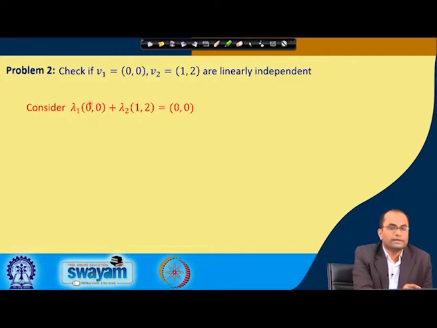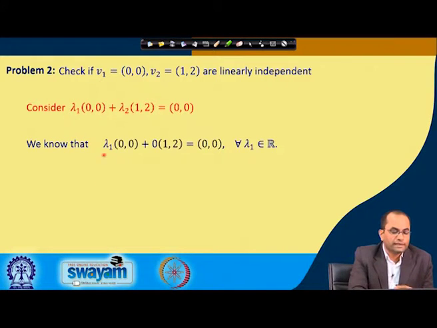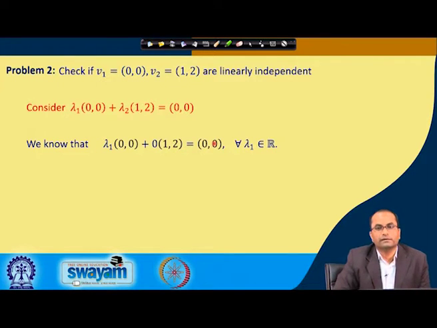Since the 0 vector is there, I can take any lambda 1, it does not matter, and take the value 0 for lambda 2, and the equation will be satisfied, because lambda 1 times the 0 vector is still a 0 vector, and 0 plus 0 vector gives us the 0 vector.